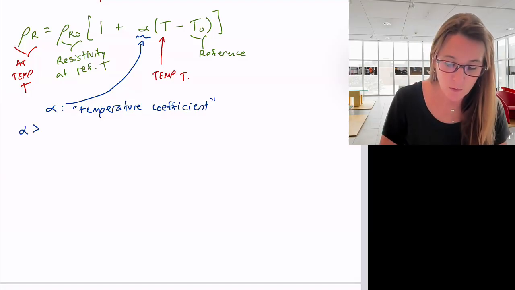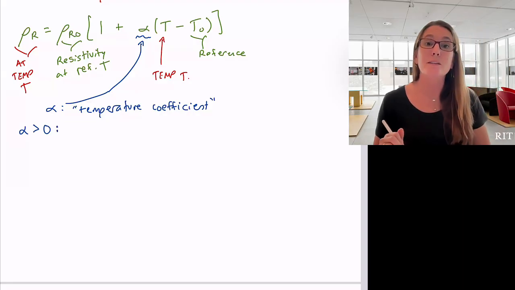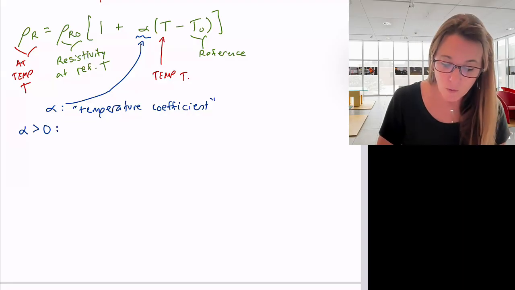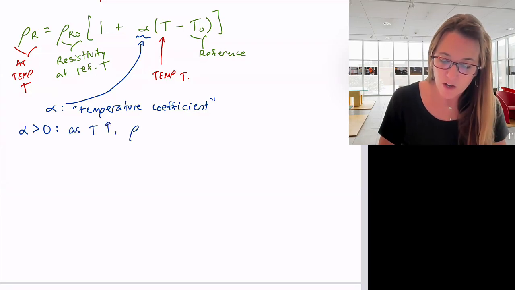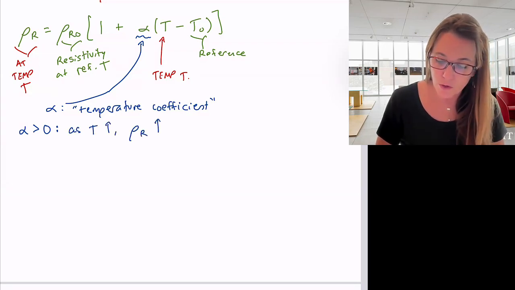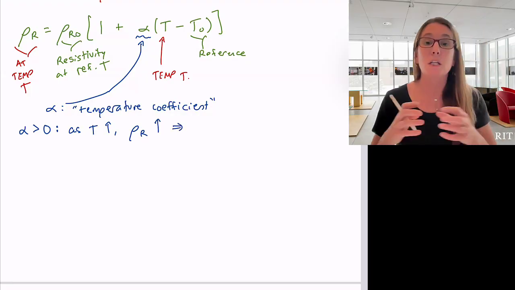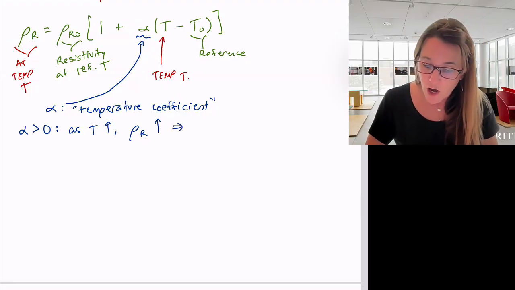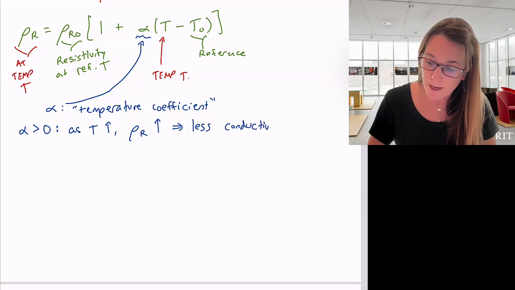So let's look at what happens in different situations. Let's talk about what happens if alpha is greater than 0. So if alpha is greater than 0, then as the temperature increases, the resistivity also increases, which means that it's more resistive, and so it's going to be less conductive.